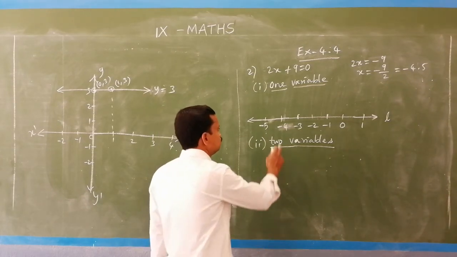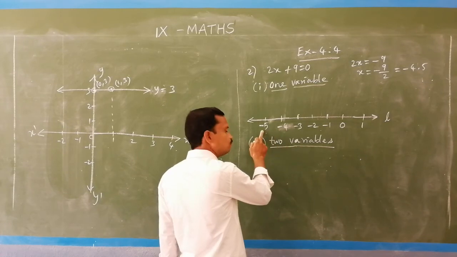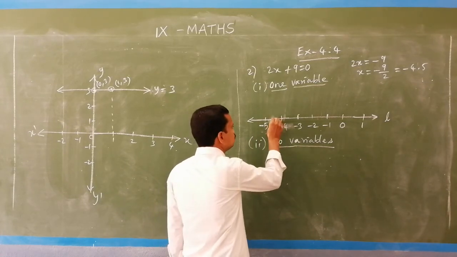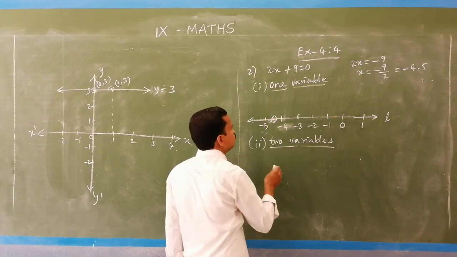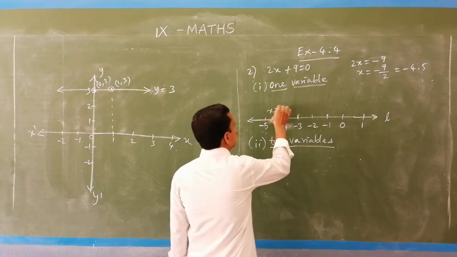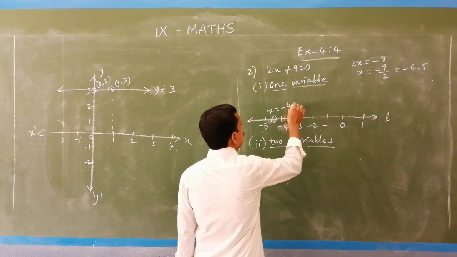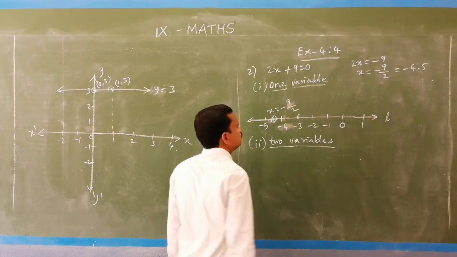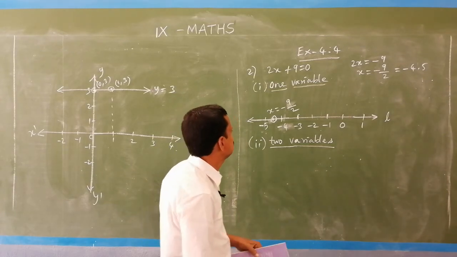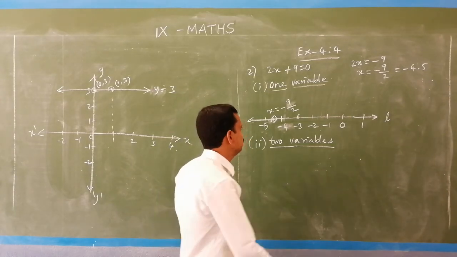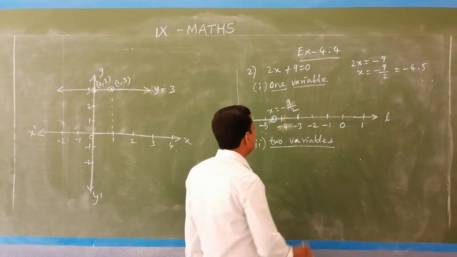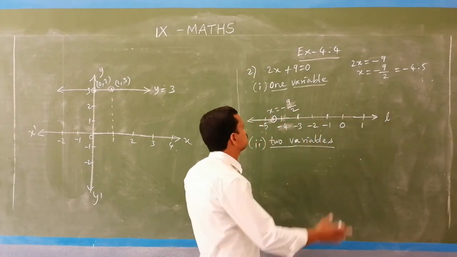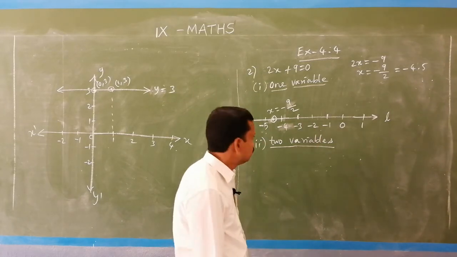Minus 4 is here, minus 5 is here, therefore this point is minus 4.5, that is x equal to minus 9 by 2. One variable means one number line only. Like that you can use the number line to represent an equation in one variable.